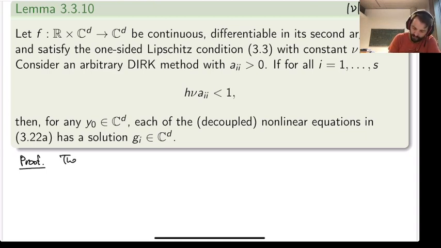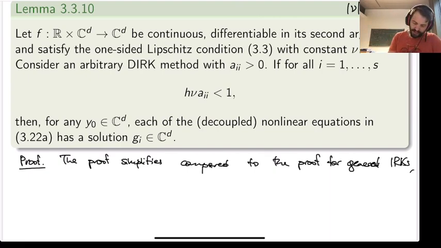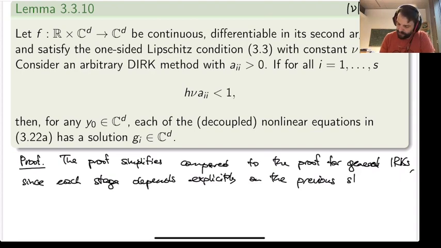So the proof simplifies compared to the proof for general implicit Runge-Kutta methods, since each stage... Before we had to put everything together into a matrix of stage values, but here each stage depends explicitly on the previous stages and implicitly only on itself and not on future values.